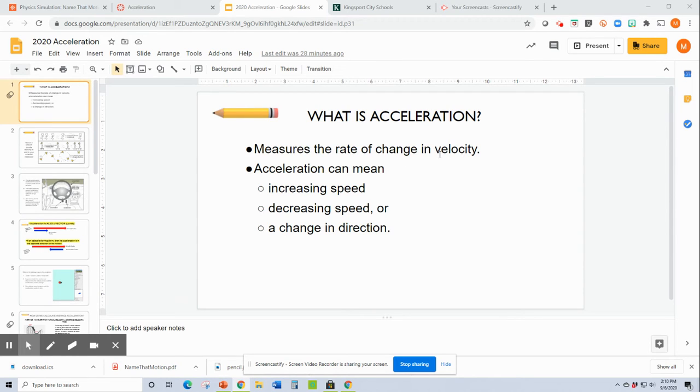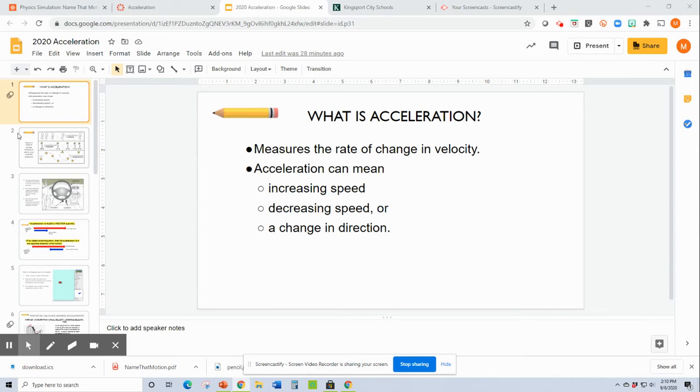Remember, velocity has speed as part of it, but it also has direction. So we would say that something is accelerating if it's speeding up. We would also say that something is accelerating if it's slowing down. And then we would also say that something is accelerating if it has a change in direction. And that's usually the one that some kids forget.